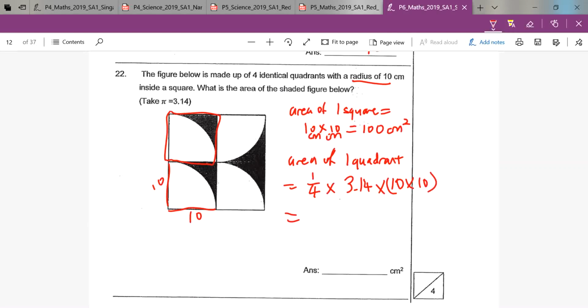So it's going to be a quarter times 3.14 times 100. 3.14 times 100 is going to be 314. You divide 314 by 4 because you times a quarter.